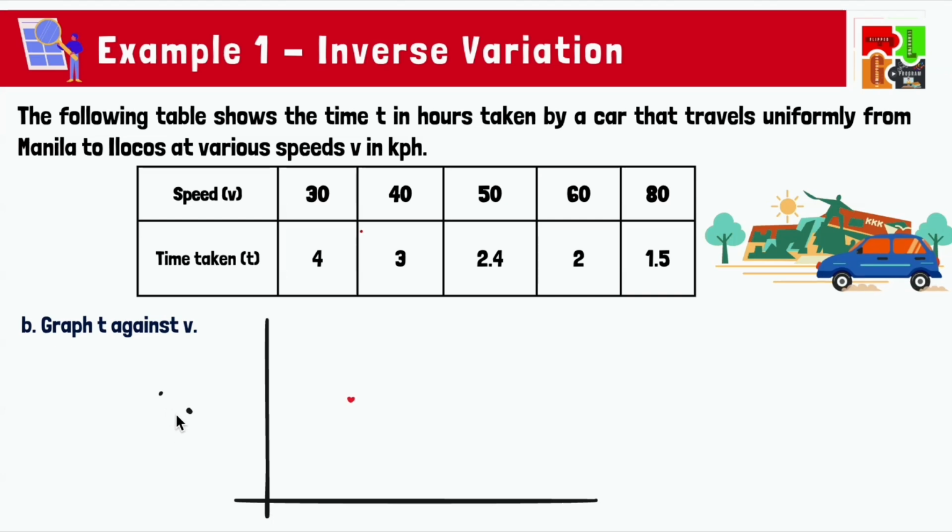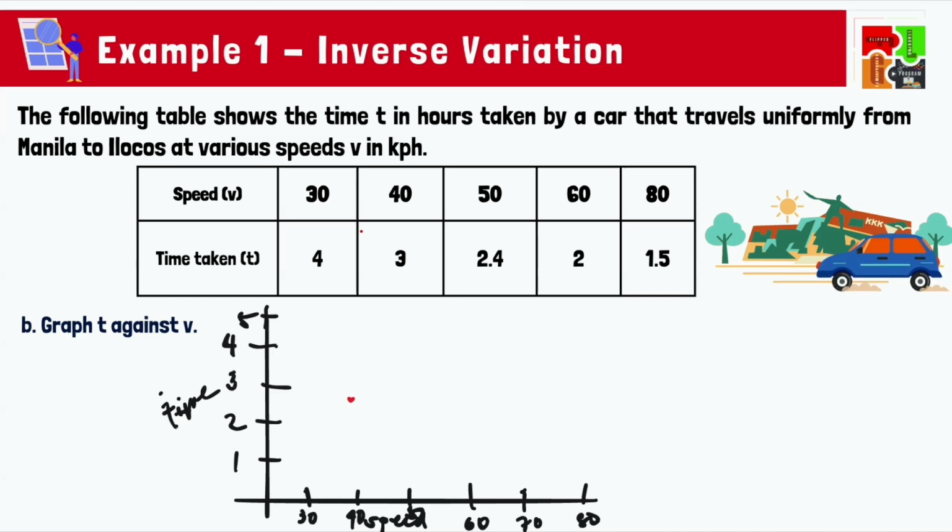This is the time. Okay, this is the speed. Okay, there is the measurement for the particular speed: 30, 40, 50, 60, this one is 70, this one is 80. Okay, ito yung unang oras, pangalawang oras, yung tagal ng biyahe natin, pangatlo, pang-apat, at pang-lima.